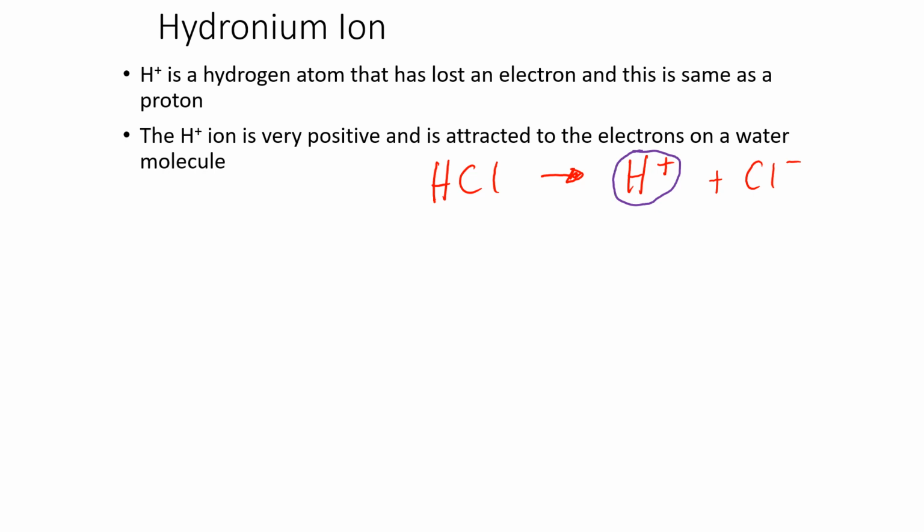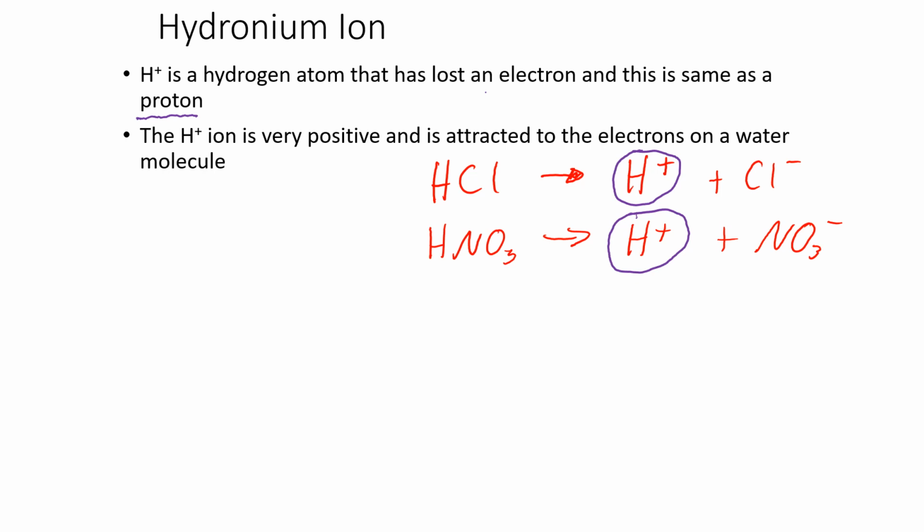So if we're working with, say, nitric acid, HNO3, it'd be the same thing. It would turn into H plus and NO3 minus. And this H plus, this hydrogen ion, we will often call a proton.